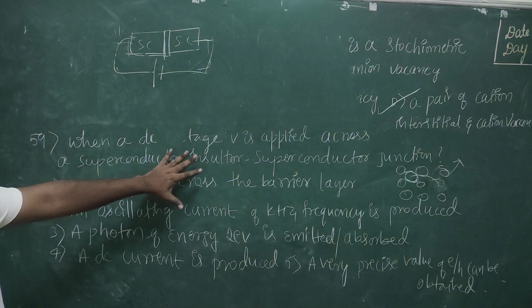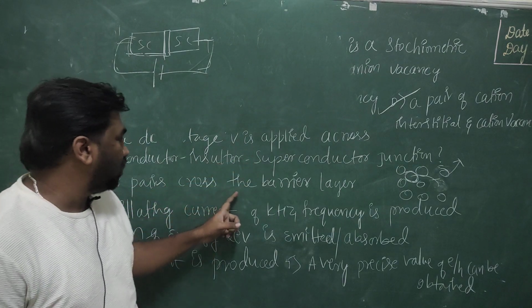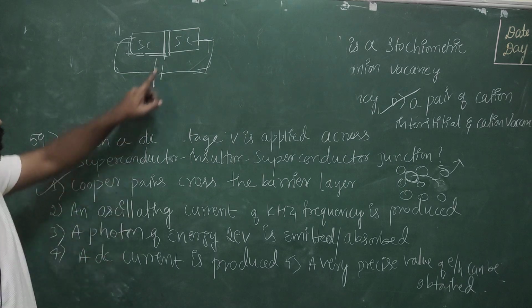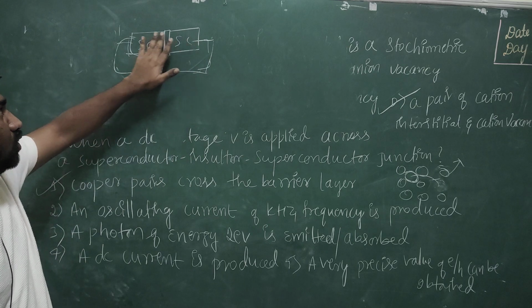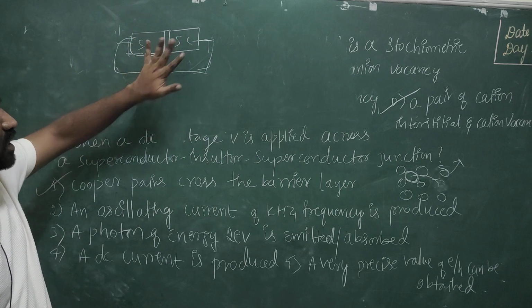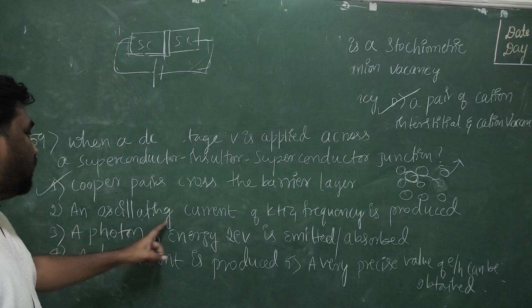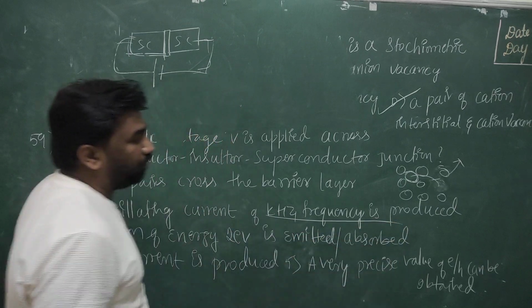So when a DC voltage is applied across the superconductor, insulator, superconductor junction, Cooper pairs cross the barrier layer. Yes, option 1 is correct. Cooper pairs, that means a pair of electrons, will cross from this end to this end. An oscillating current of kilohertz frequency is produced.